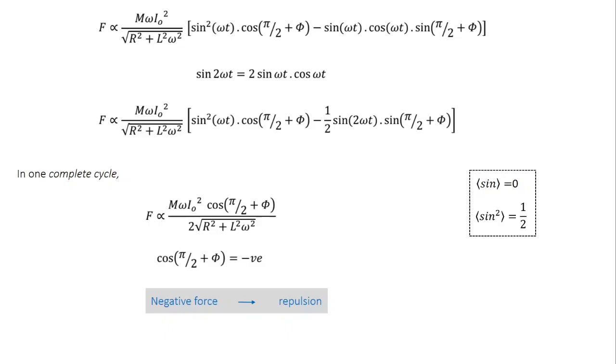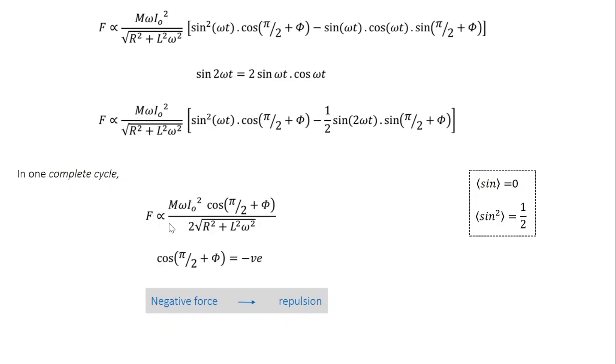We know that the value of phi ranges between 0 and pi by 2. So when you add phi to pi by 2, basically you are going to arrive at the second quadrant, right? In the second quadrant, the cos function always yields a negative value. So basically you are going to get a negative force here. By convention, negative force represents a repulsive force.